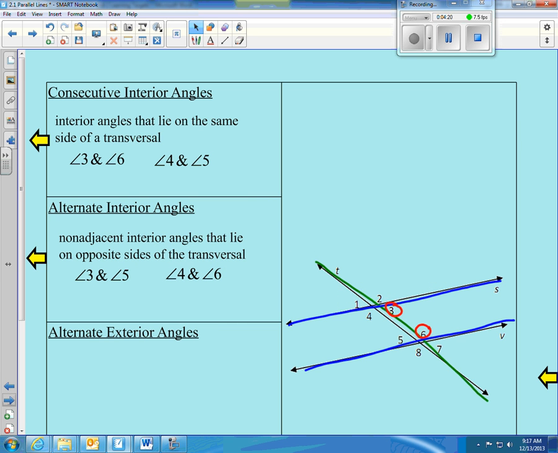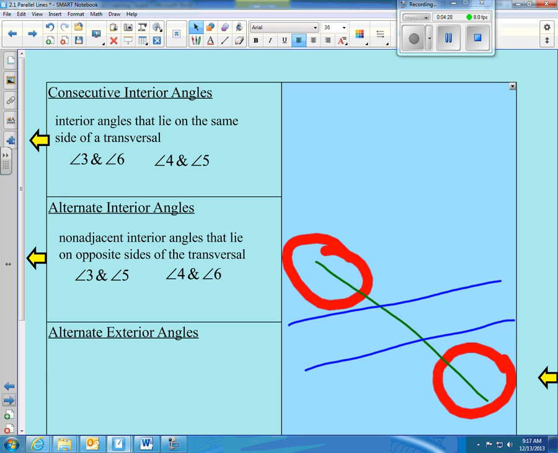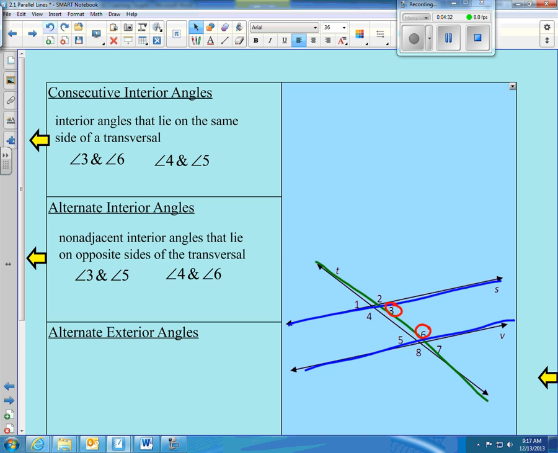Then we have alternate interior or alternate exterior angles. Alternate interior angles are non-adjacent interior angles that lie on opposite sides of the transversal. So we're looking at examples like 3 and 5. They're both inside the two blue lines, but they lie on opposite sides of the green line.